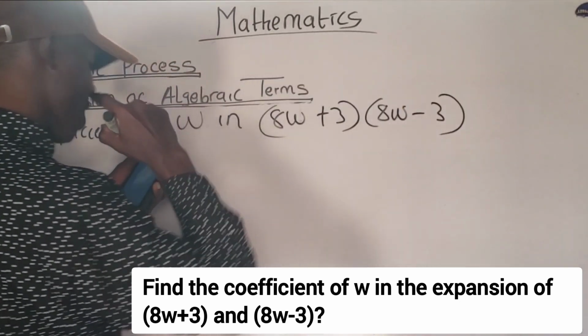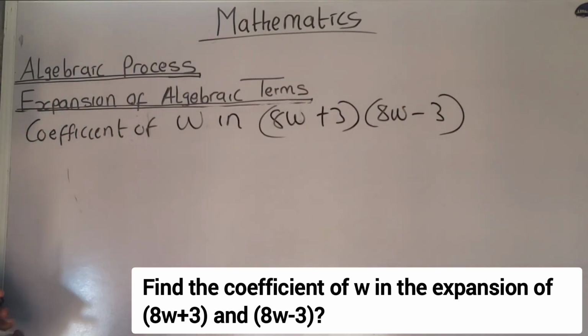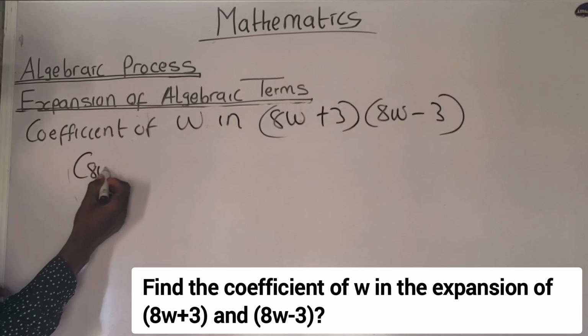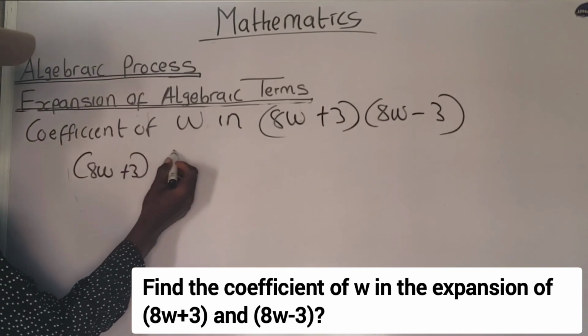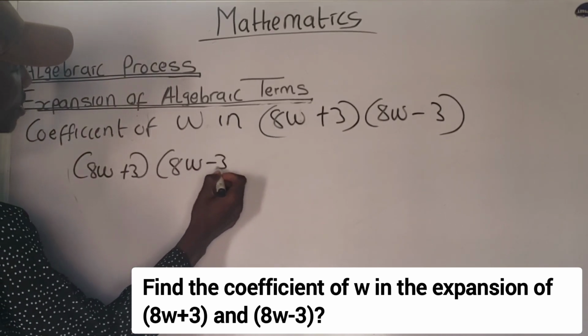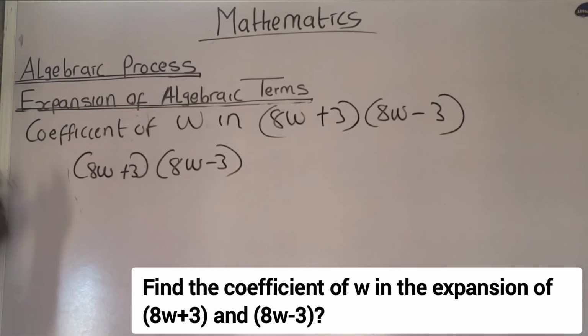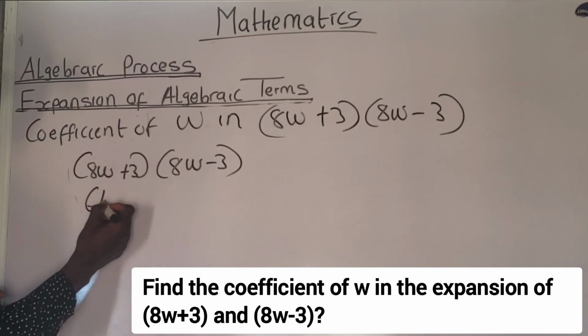Okay, now I want you to pay attention. Before we can find the coefficient of w, we have to take the product. You understand? We have to expand the bracket. So let us expand. For this, I'm going to have 8w plus 3 and 8w minus 3. Now, 8w multiplied by 8w, that will be 64w squared.